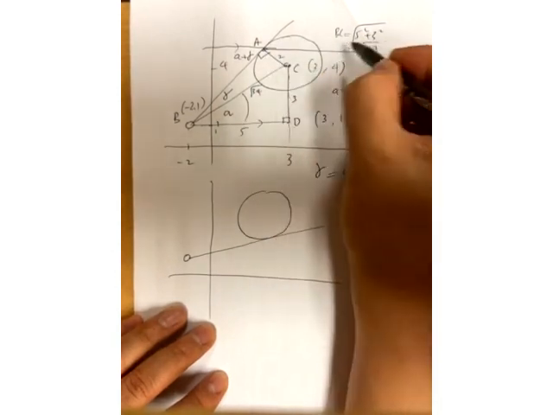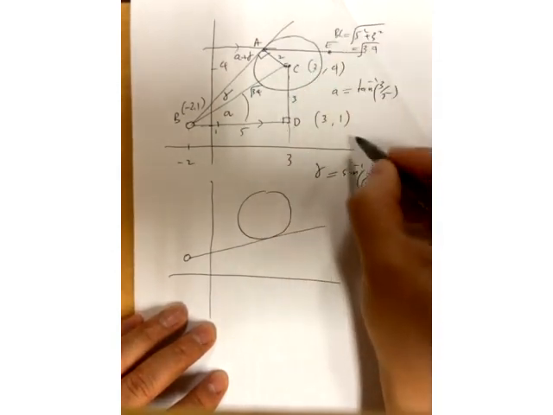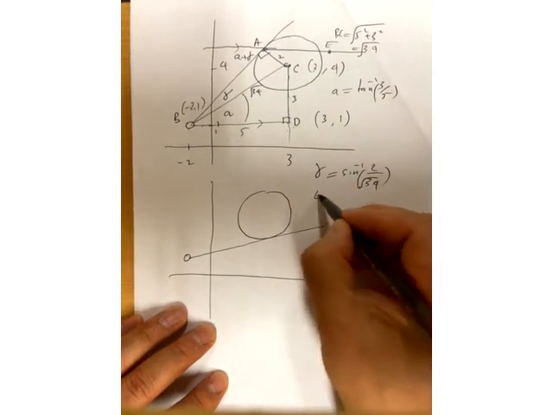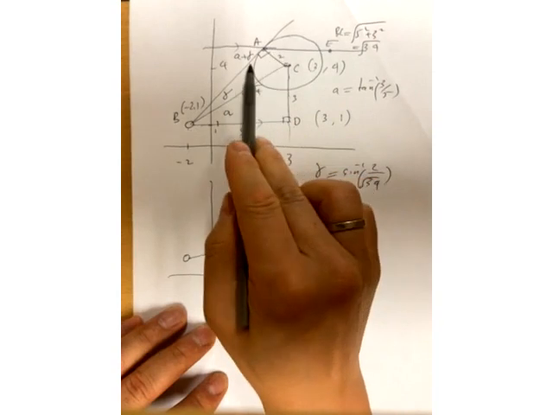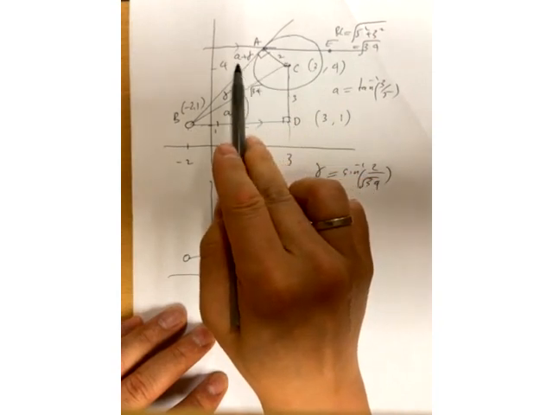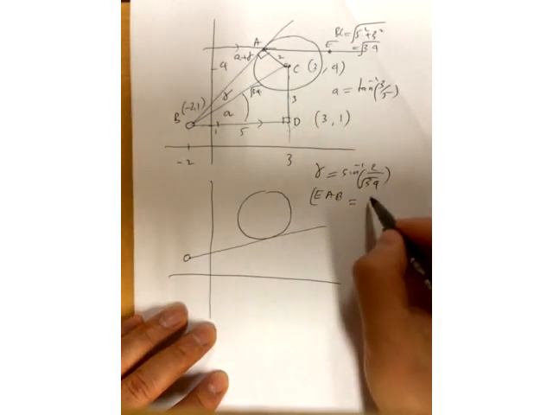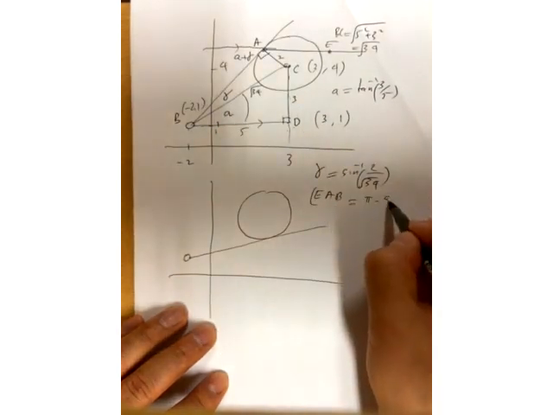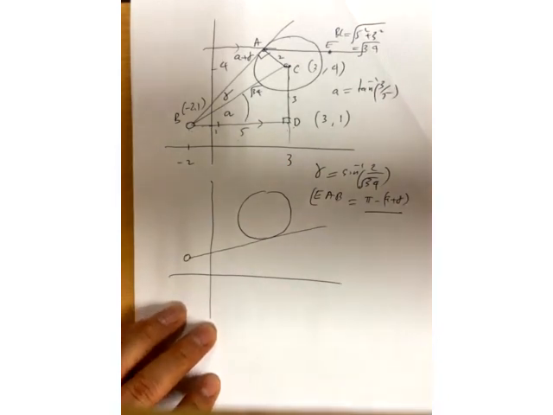Let me call this point E. So the angle EAB is just going to be pi take away that, so this angle plus that is pi. That's just going to be pi minus (A plus gamma), which is angle EAB, by the way. So keep that in mind.